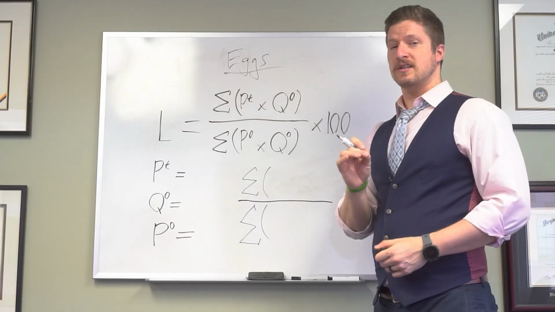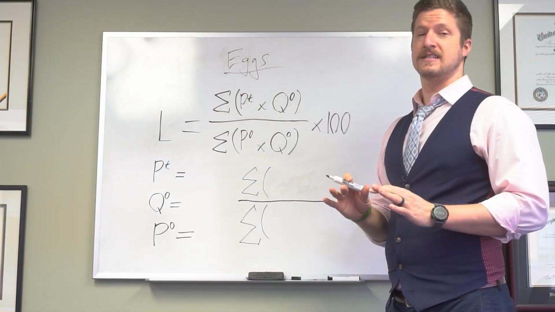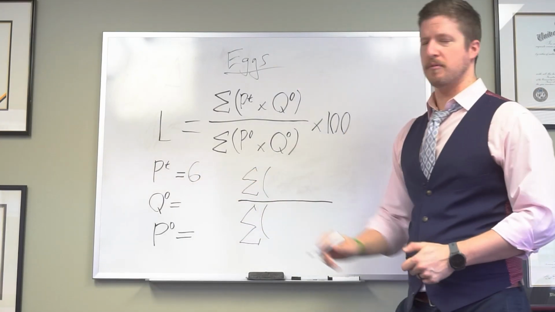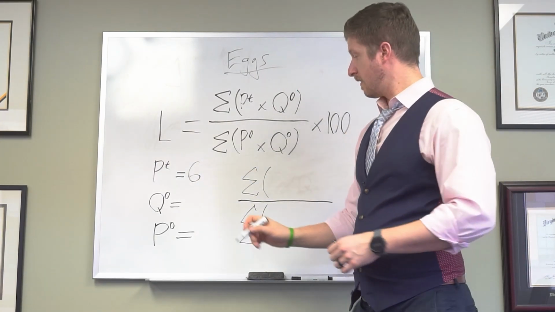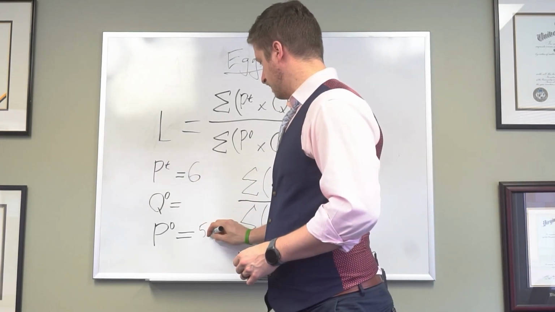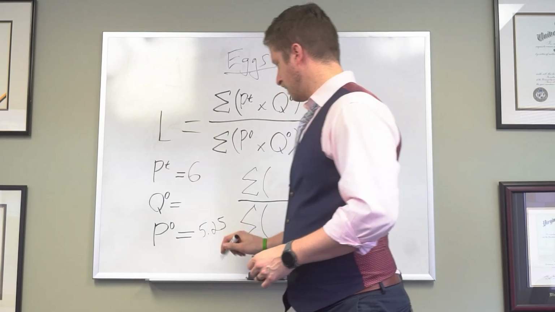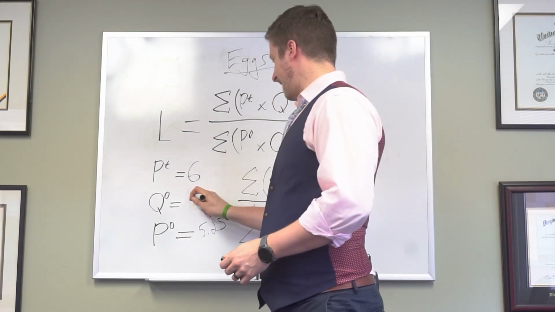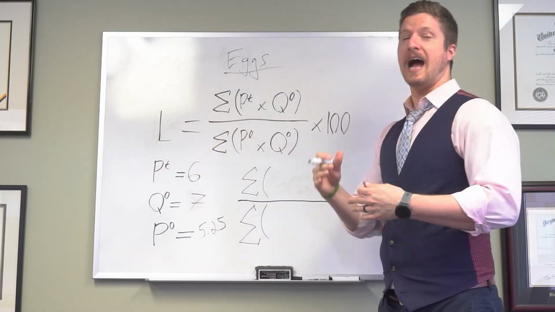So let's say that eggs are worth $6 a dozen right now. So we would put 6 right here at current price. And they were worth $5.25 a dozen a year ago. So let's say that there's 7 dozen eggs in the entire world.